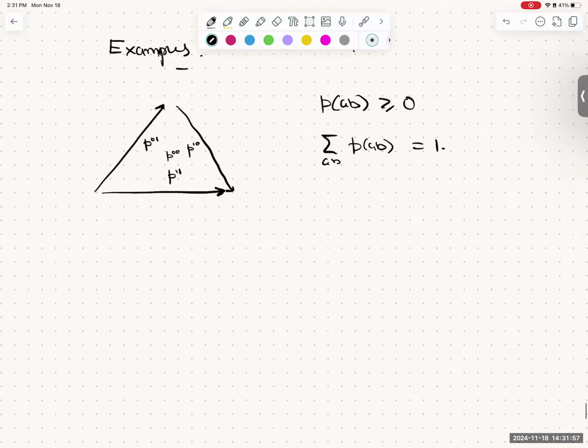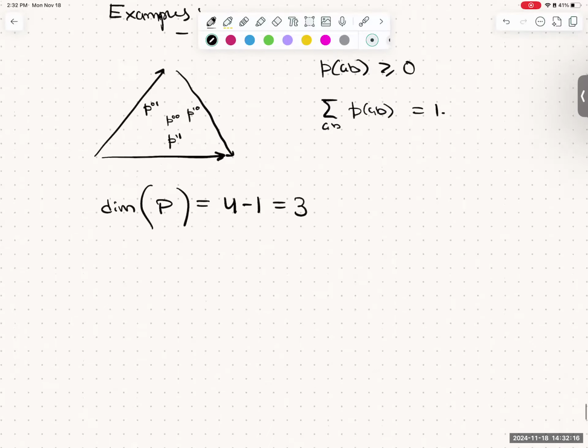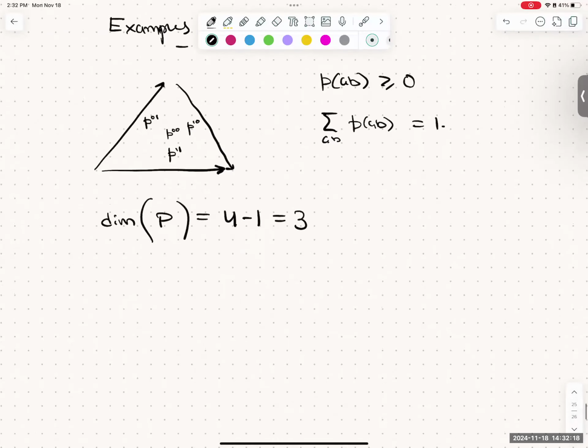To find out what the vertex is, we need to find out what is the dimension. So here, as I maybe mentioned in the previous example, the dimension of P(X), I will just call it, is equal to 4 minus 1 equals 3.